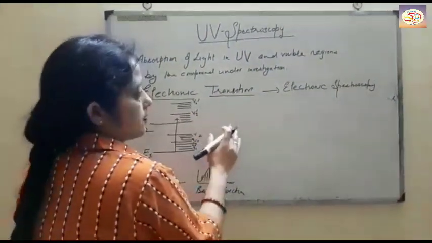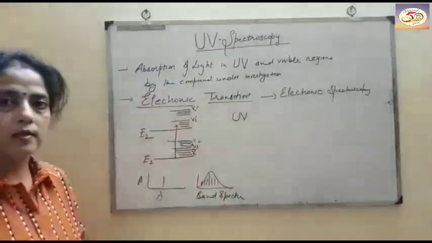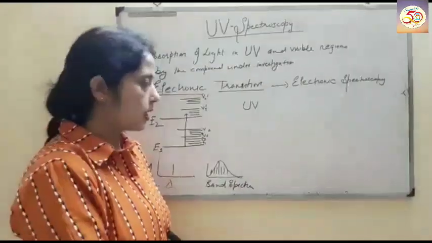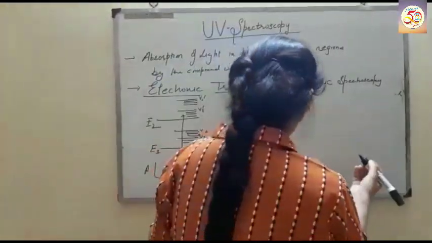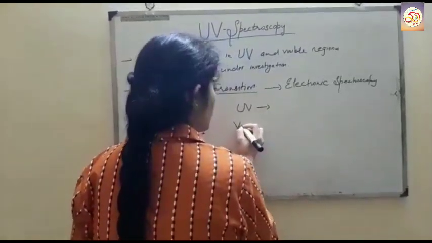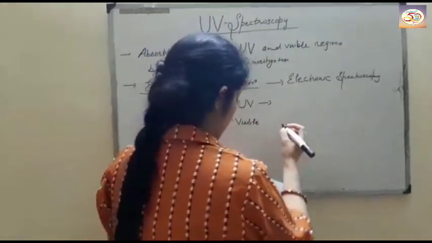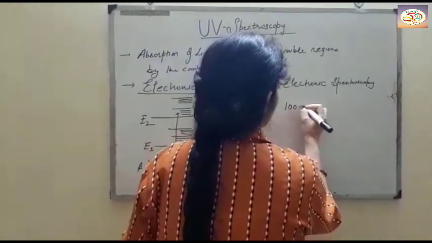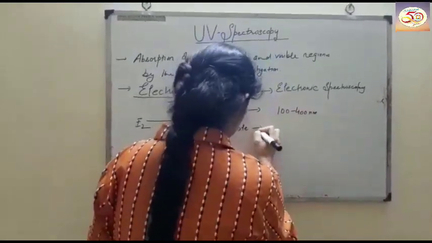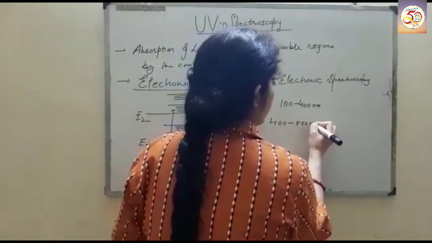In this spectroscopy, the important question is the wavelength range used to excite one electronic level to another electronic level. Two regions are used, UV and visible region. UV region ranges from 100 to 400 nanometer, while the visible region ranges from 400 to 800 nanometer.